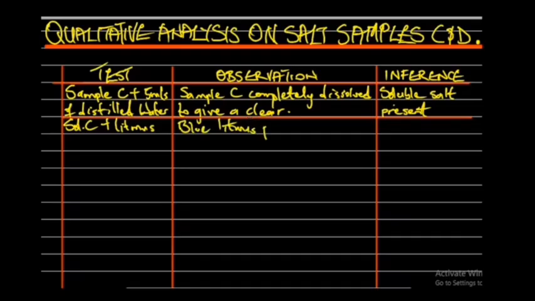Blue litmus paper turns red. That was an observation. From this we could infer that what we are looking at is an acidic substance. Sample C is acidic.